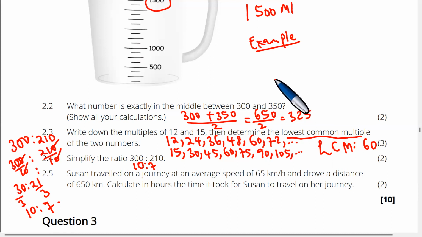If they say simplify the ratio, 2,6 to 2,0. What is the answer to this?